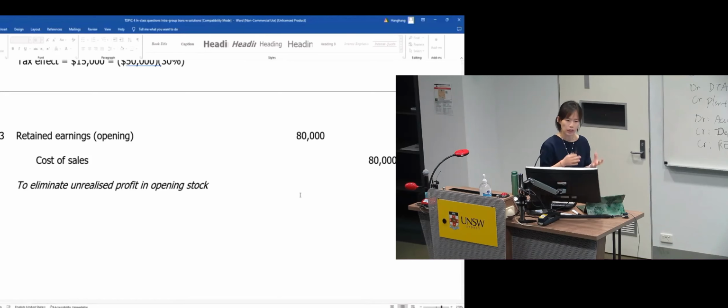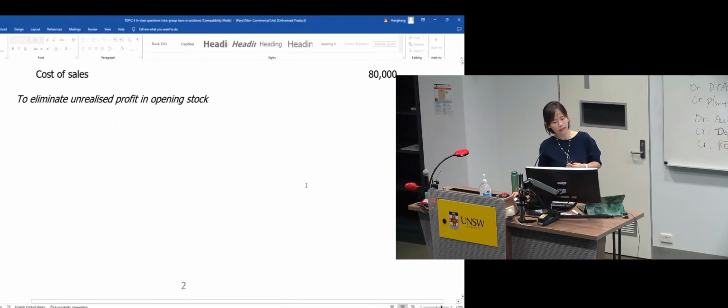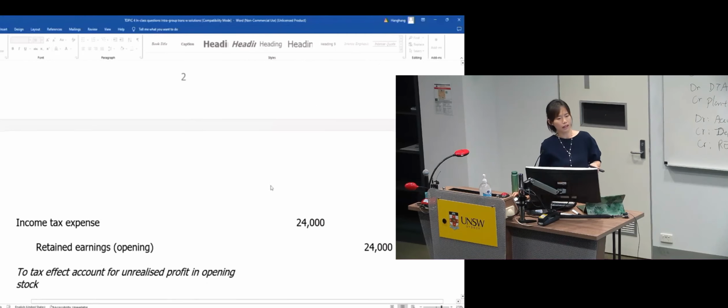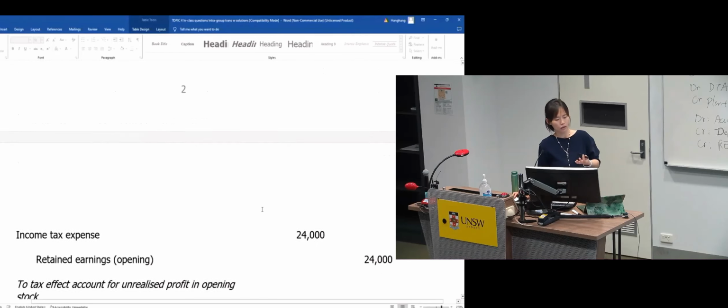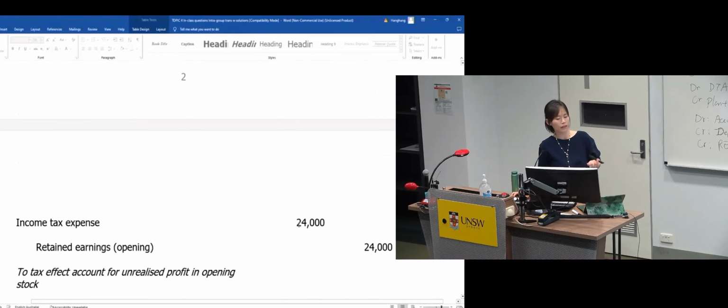That is our reasonable assumption, because inventory as a current asset, its opening balance is expected to be sold by the end of the financial year. Then we also have to consider the tax. Once the cost of goods sold is adjusted down by 80,000, the income tax of the group will increase by 30% of 80,000.